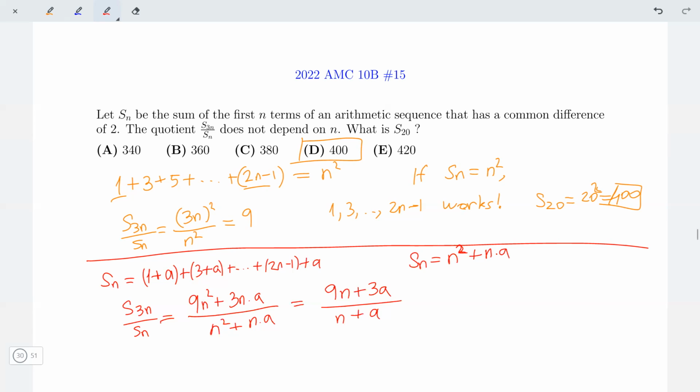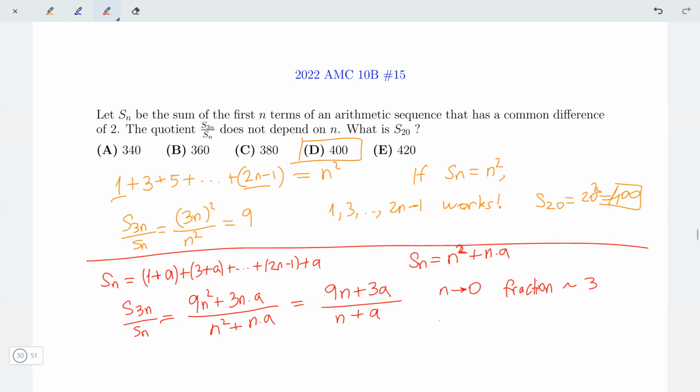For example, as n gets closer to 0, the numerator and denominator will be very small compared to a, if a is not 0. And then the fraction will be very close to 3a over a, which would be 3.